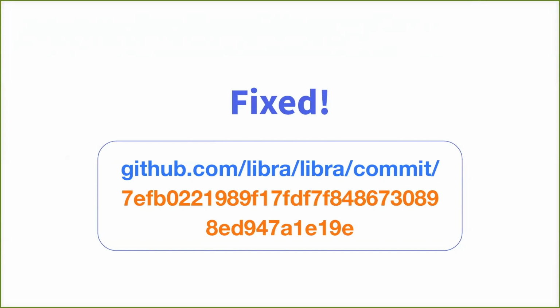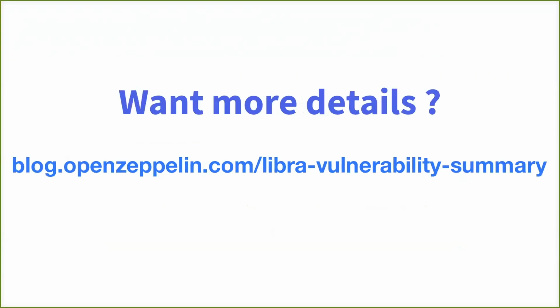The Libra team has been really responsive to us. They did a quick fix, and for more details, you can go right into the commit or read our technical description in our blog, where you will find everything that I have told you here and many more details about it and how it was fixed, when it was fixed, and so on.